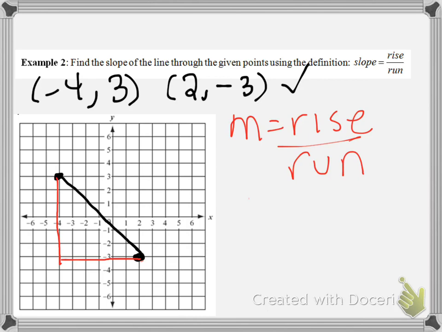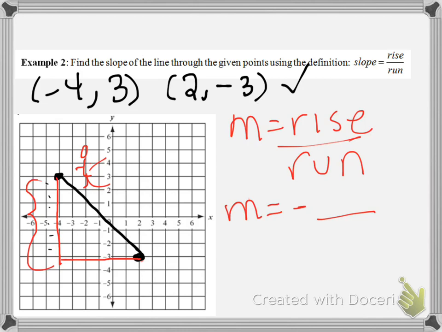That's right. It's going downwards, sliding down. It is negative. So we're going to write down M is negative. Now we're going to figure out what the value is for the numerator, which is the height of the triangle. This is the rise. So how many times did we go down? Let's count. 1, 2, 3, 4, 5, 6.